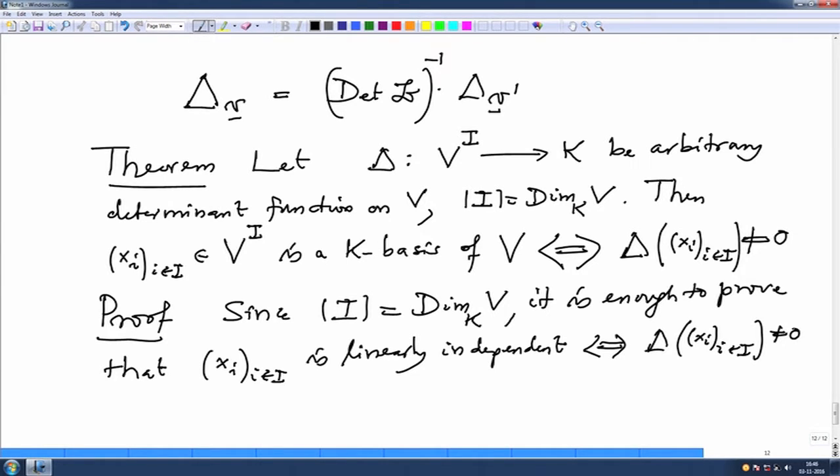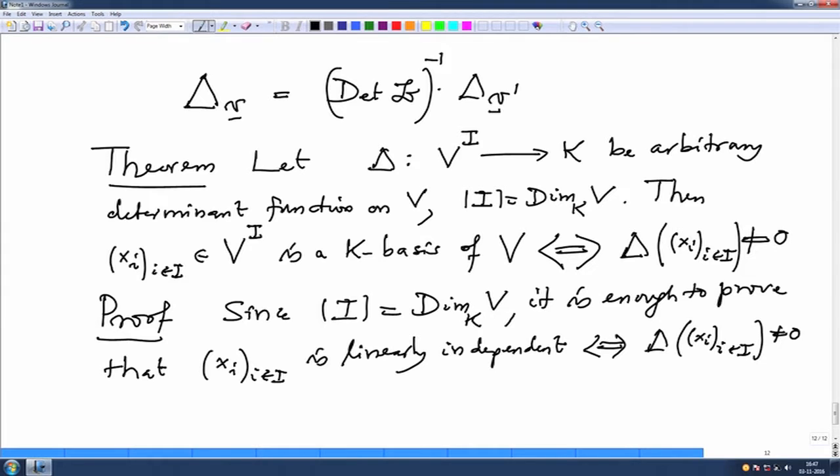But this is what we proved earlier, because this way definitely we have proved it. We have proved a contrapositive. Actually we have proved that if the tuple is linearly dependent, then the delta of that tuple is 0.